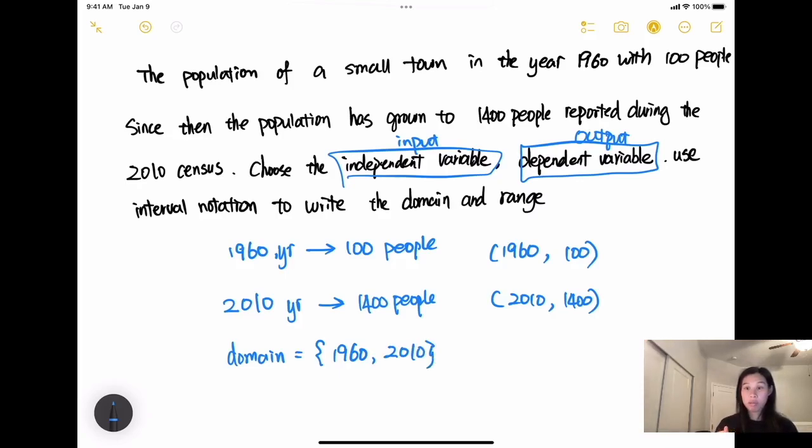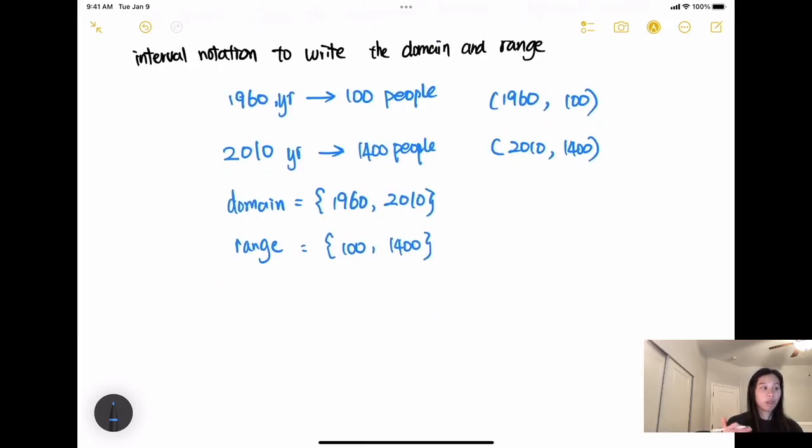It's not continuous because they didn't connect any data in between these two years. The domain is a set of two data points. And the range is going to be what? 100 and 1,400. That's it. Okay, so next time we're going to talk about how we write the notation.